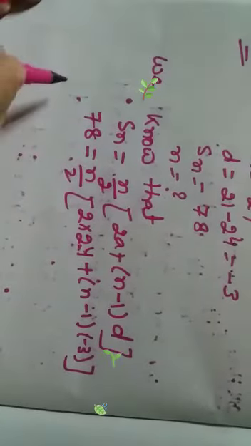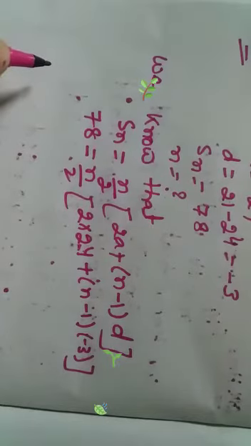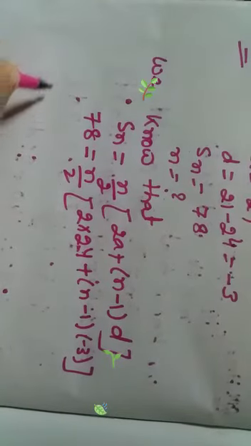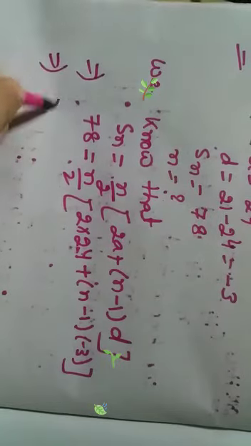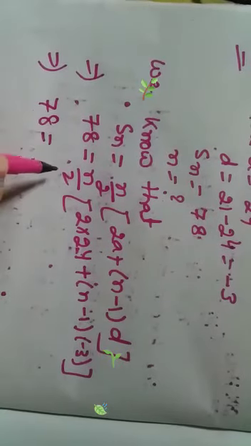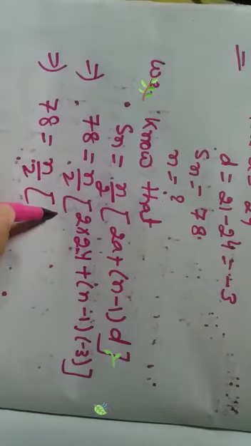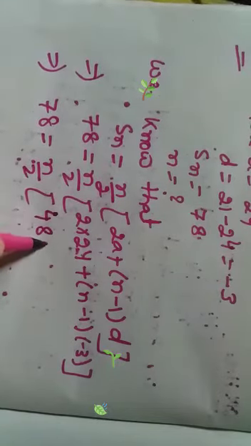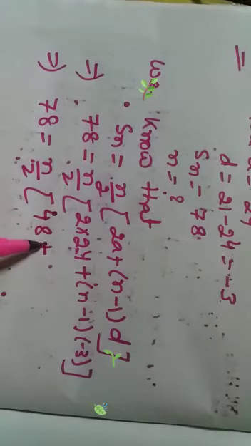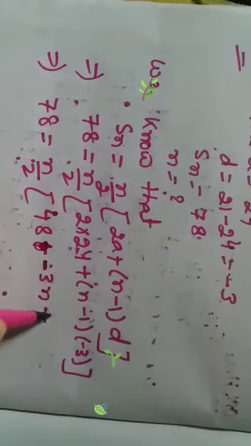Now let us calculate it. 78 is equals to n by 2 into 48 plus minus 3 into n, that is minus 3n plus 3.